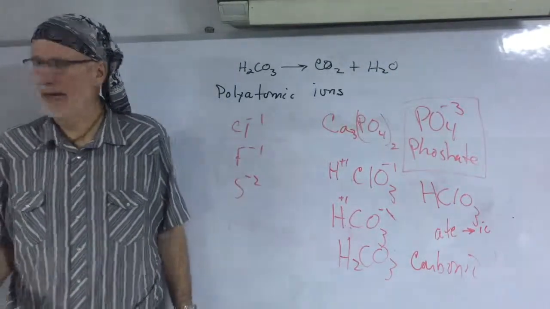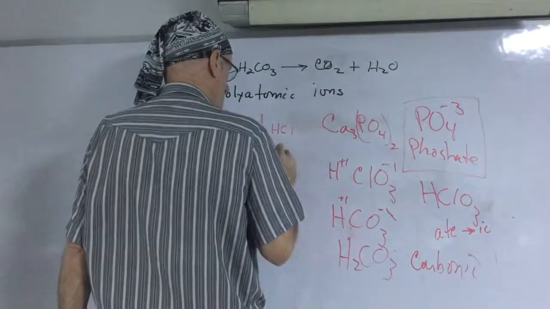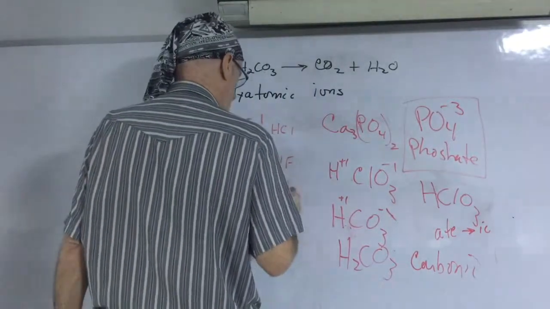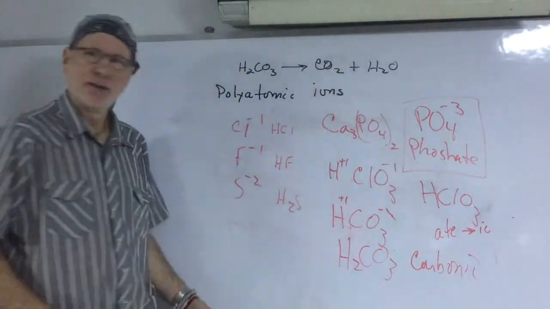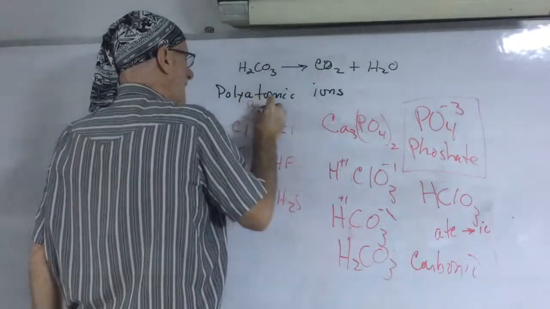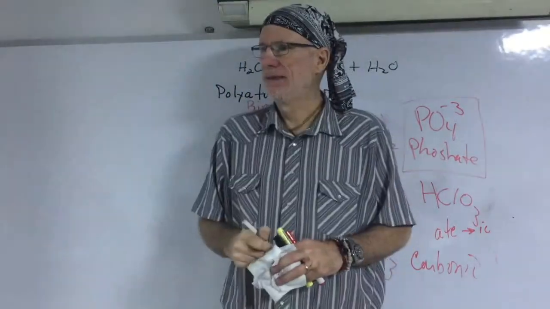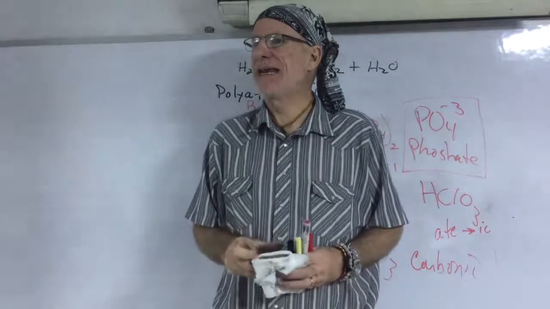What about those kind of acids? This is HCl. This is HF. This is H2S. How do you name those acids? These are called binary acids. How do you name a binary acid?